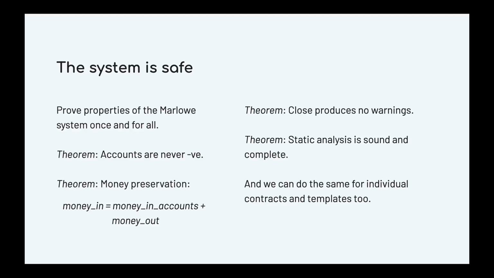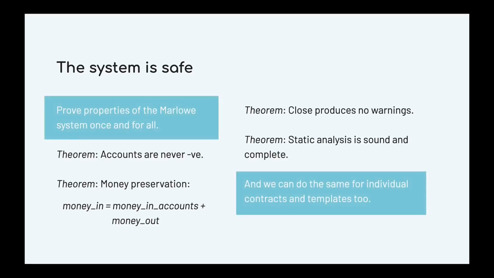Things that we can't necessarily prove with static analysis, we can prove by hand. So the high-level assurance we get, if you're prepared to write proofs, is that the system is amenable to having these proofs written about it, and they give us the highest level of assurance about how it works.